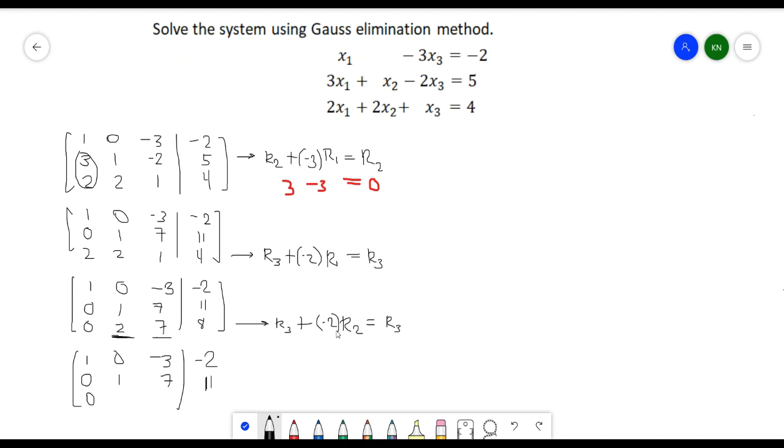Now afterwards, negative 2 multiplied by 1, negative 2 plus 2, so we have 0. Negative 2 multiplied by 7, that is negative 14, plus 7, that is negative 7. And for this one, we have negative 2 times our R2, so we have negative 22 plus our 8, which is equivalent to negative 14.